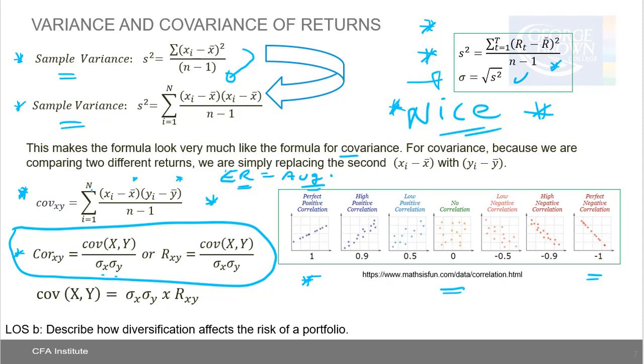So we calculate the covariance. The steps: x return minus average return of x, times return of y minus average return of y, divided by n minus 1. That gives us our covariance. Then our correlation is covariance of xy divided by standard deviation of x times standard deviation of y, okay?